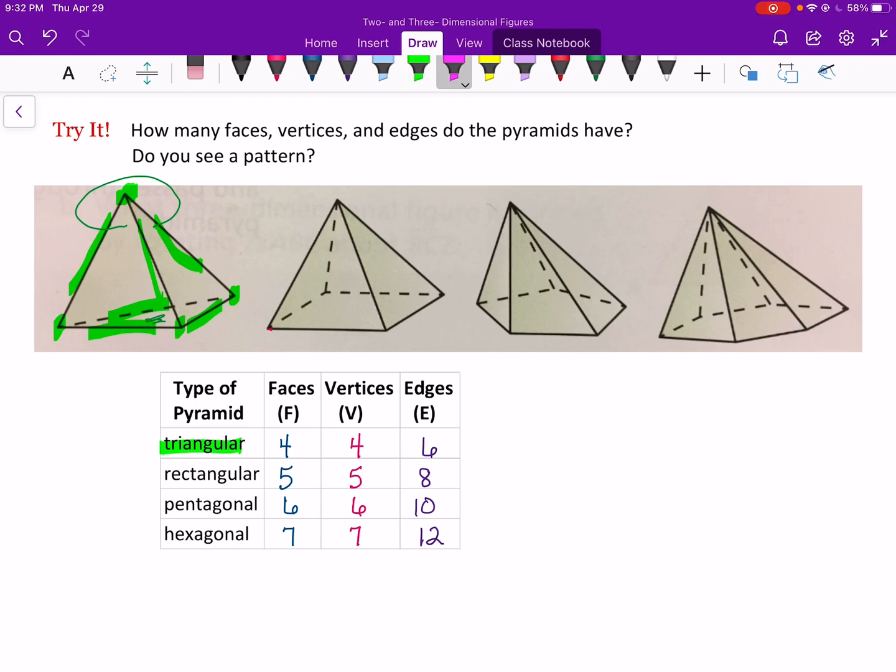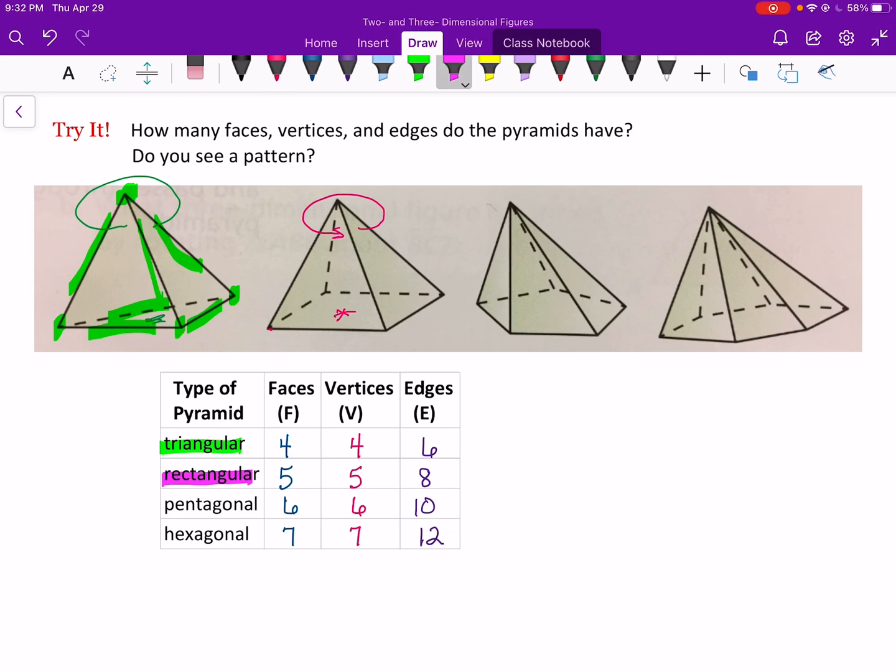Next one is a rectangular pyramid. It's called rectangular because the base is a rectangle. It has 5 faces. If you count each of these faces as you go around, there are 4, and then you have 1 on the bottom. So 4 plus 1 is 5 faces.